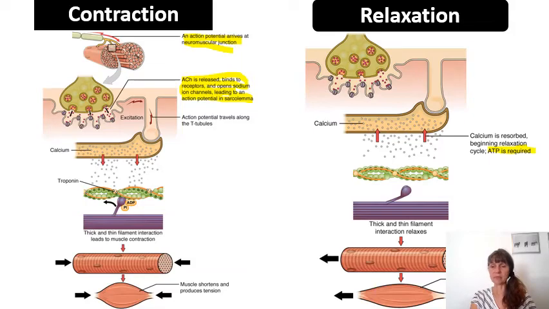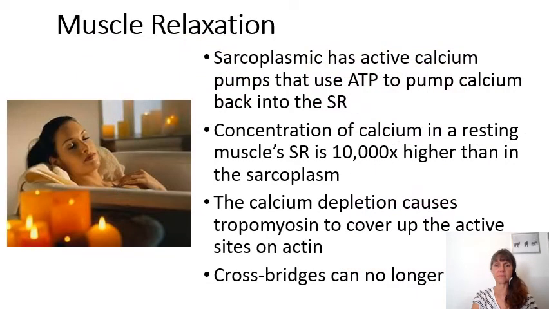So lastly, the muscle will lengthen and relax. This is just another recap of what I just said. The sarcoplasmic reticulum has active calcium pumps that are going to use adenosine triphosphate to pump calcium back into the sarcoplasmic reticulum. What's kind of cool is the concentration of calcium when a muscle is at rest is 10,000 times higher than it is in the sarcoplasm.